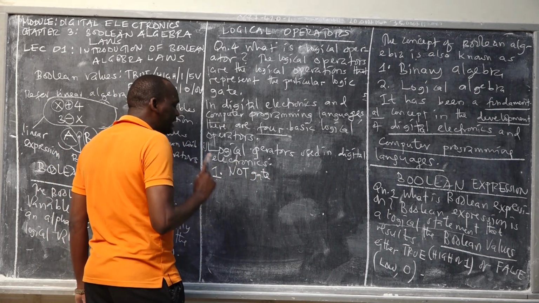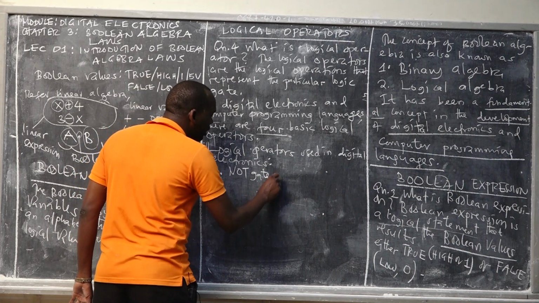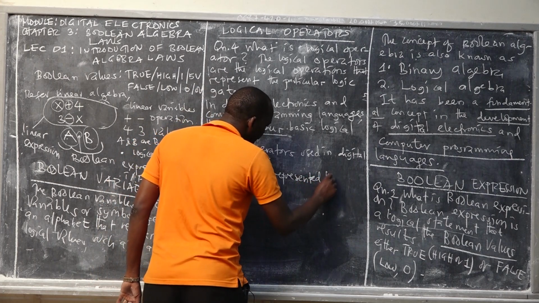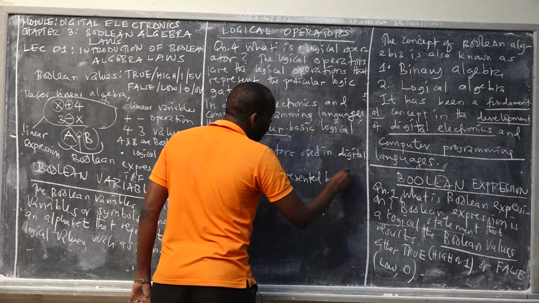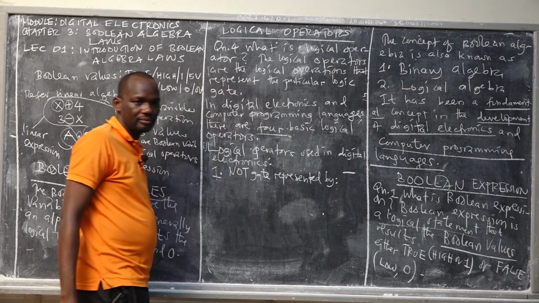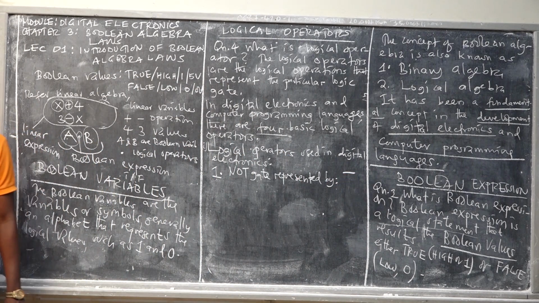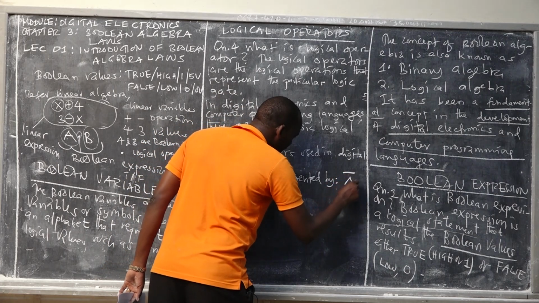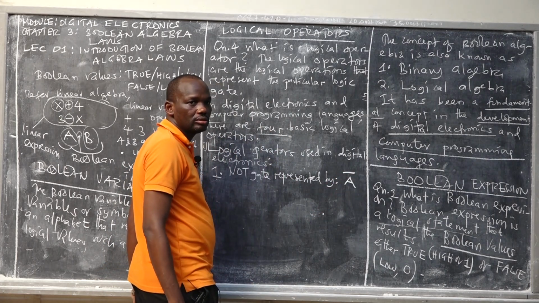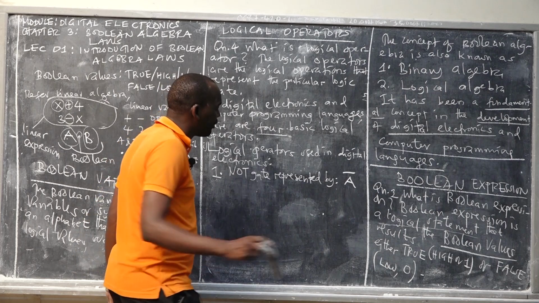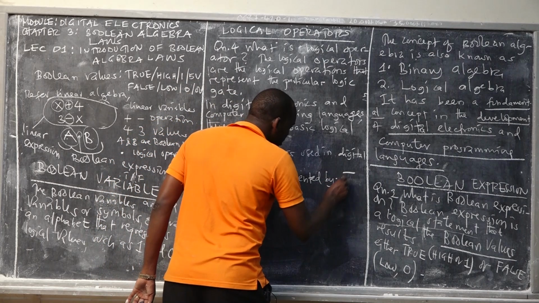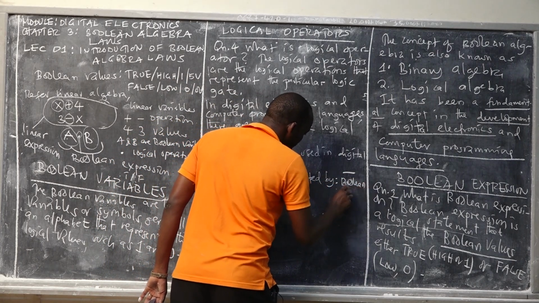In digital electronics, the NOT gate is represented by a bar, which is negation or complement. It means that we will have a bar on top of a Boolean variable.